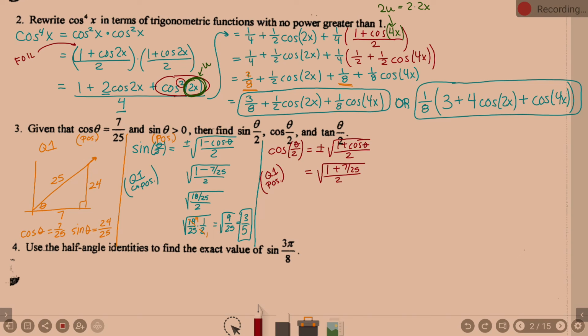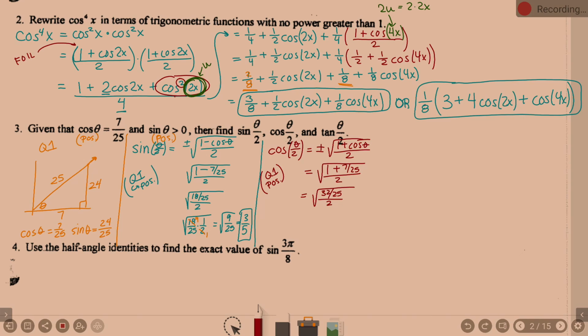What is 1? 25 over 25, plus 7 over 25 is 32 over 25, divided by 2, all under the square root.